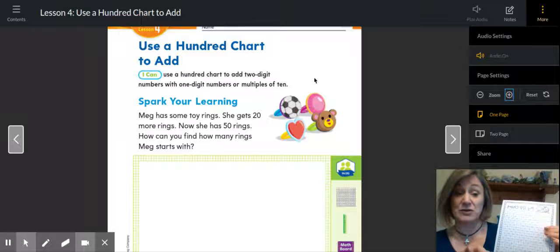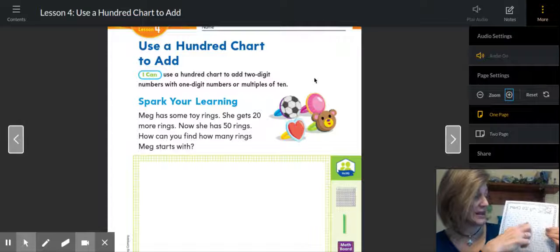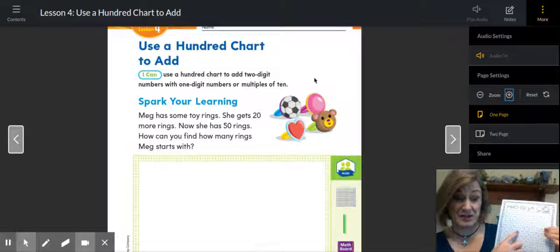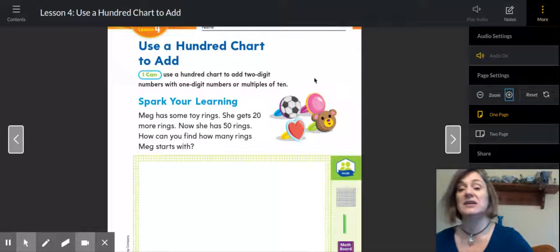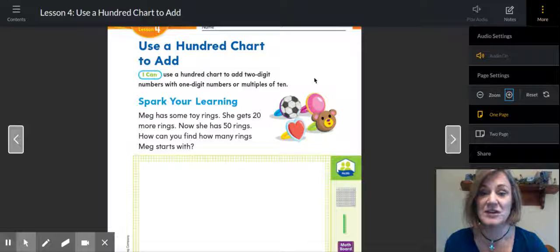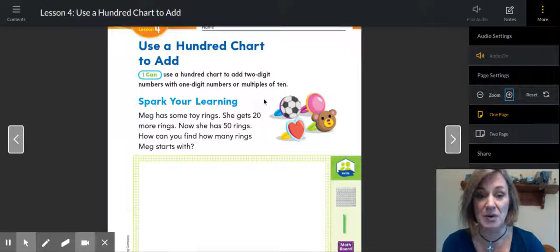And the same holds true if I say add 20. So let's take 27 plus 20. I start at 27 and I go 10, 20. It would be 47. Okay, so that's what we're going to be working on today, using the hundreds chart to add. I can use my hundreds chart to add 2-digit numbers with 1-digit numbers or multiples of 10.